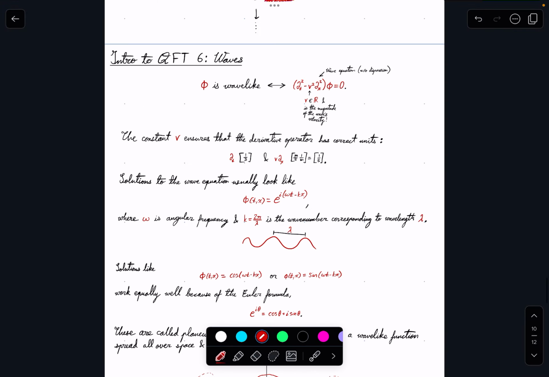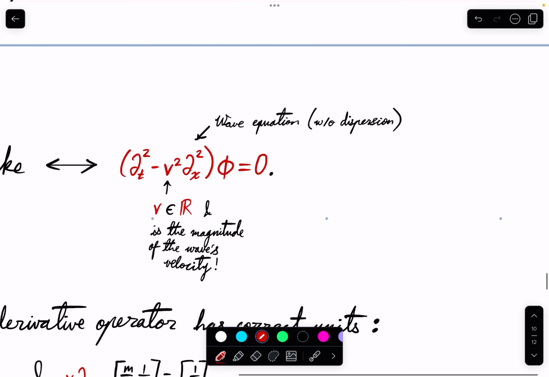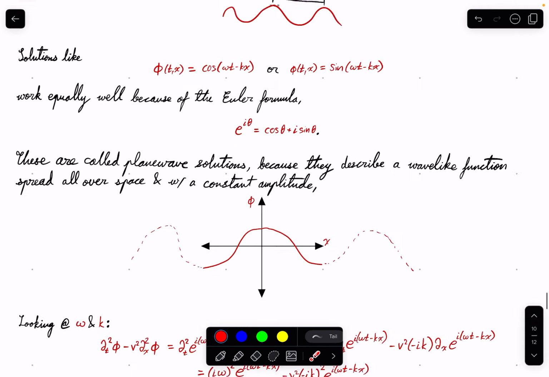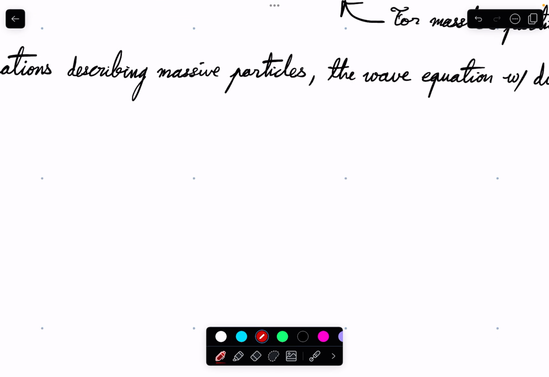Let me just go back up here. Yeah, okay. So this was without dispersion. So it turns out without dispersion means that you're dealing with massless particles. And the wave equation with dispersion describes massive particles.